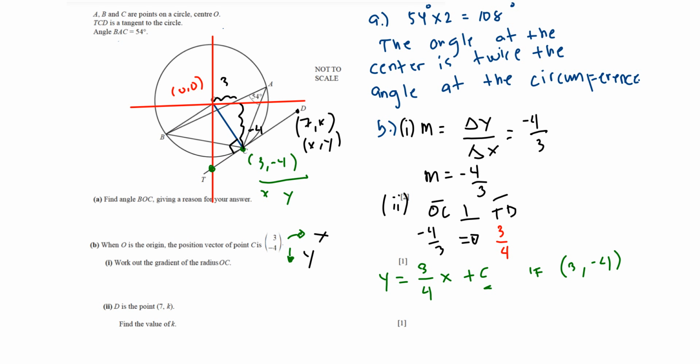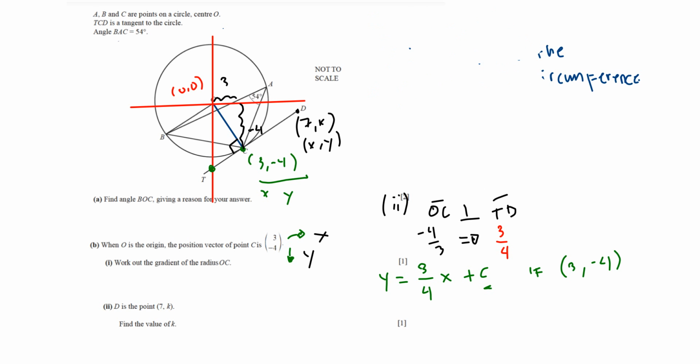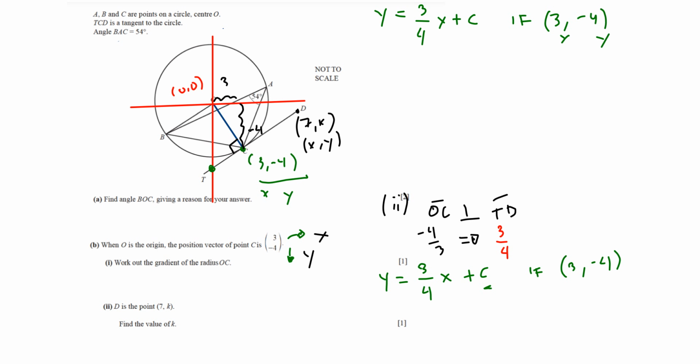Let me erase the top so we can have a space. So we have y equals 3/4 x plus c. Substituting x and y, -4 equals 3/4 times 3 plus c.